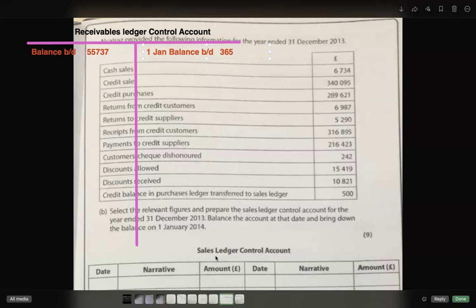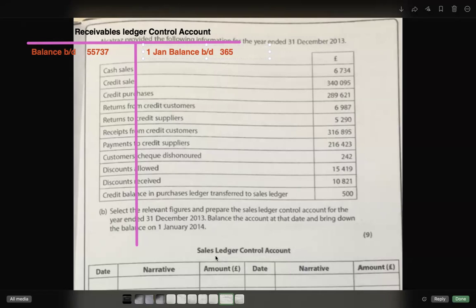By cash sales, I mean those customers who pay you cash immediately. We call them cash sales, like you receive cash or a cheque immediately. When we receive cash immediately, do we prepare any account for those customers? No, obviously not.